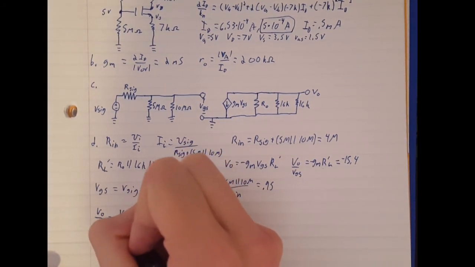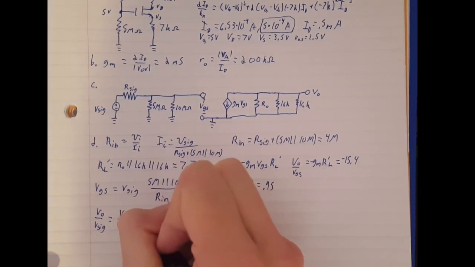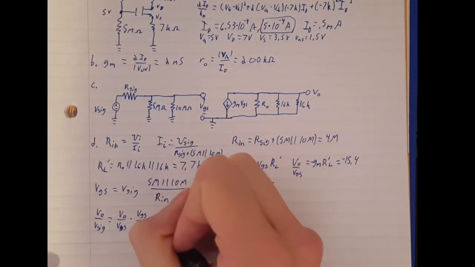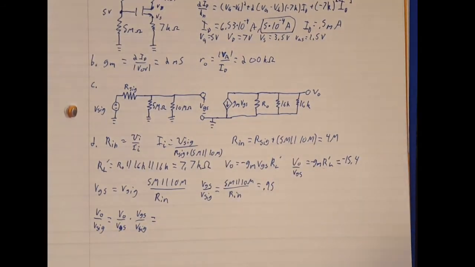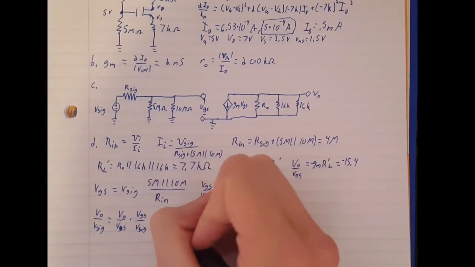That's simply equal to V out over VGS times VGS over V sig. So negative 15.4 times 0.95 is negative 14.63.